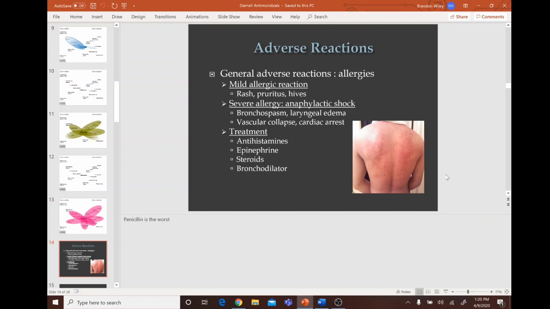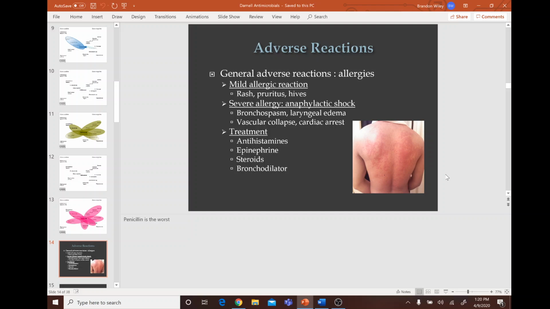Alright. What are mild allergic reaction symptoms? Rash, pruritus, and hives. What are the symptoms of anaphylactic shock or severe allergy? Bronchospasms, laryngeal edema, vascular collapse, and cardiac arrest.